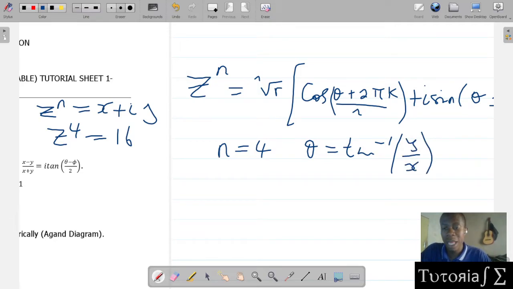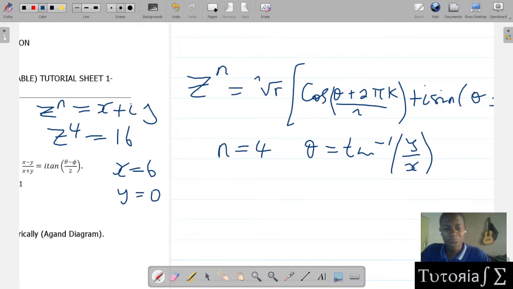The imaginary part here is plus i times 0, which just gives us 0, so we remain with 16. The real part is equal to 16 and the imaginary part is equal to 0, so we just replace there.